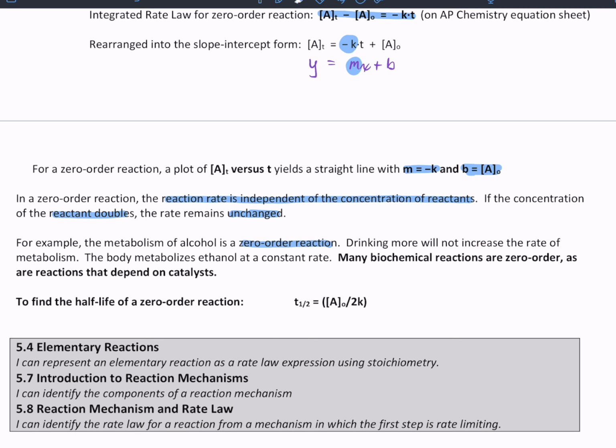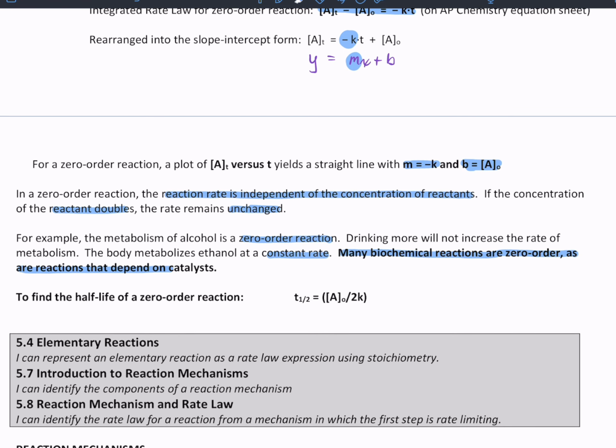If the alcohol is consumed, the increase of the amount is not going to change how quickly the body metabolizes that. It's going to metabolize the ethanol at a constant rate. There are a lot of biochemical reactions that are zero order, and that just means that the concentration isn't going to change the rate. These really will depend on the catalyst.